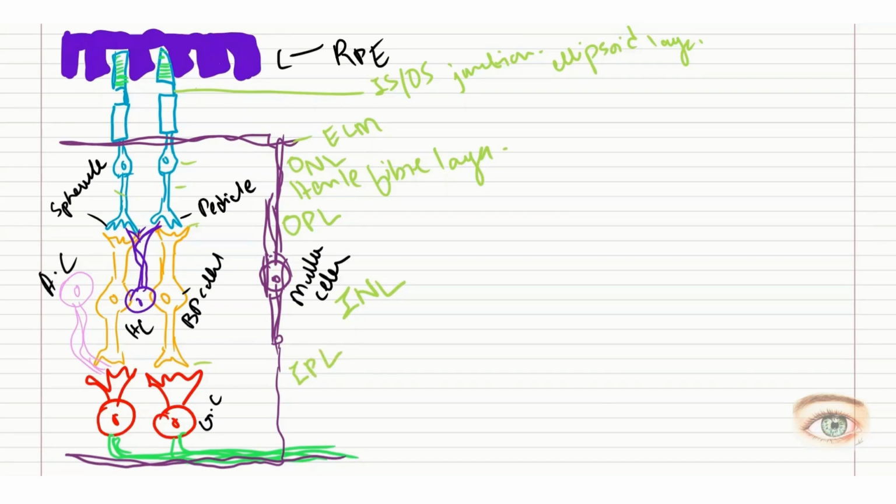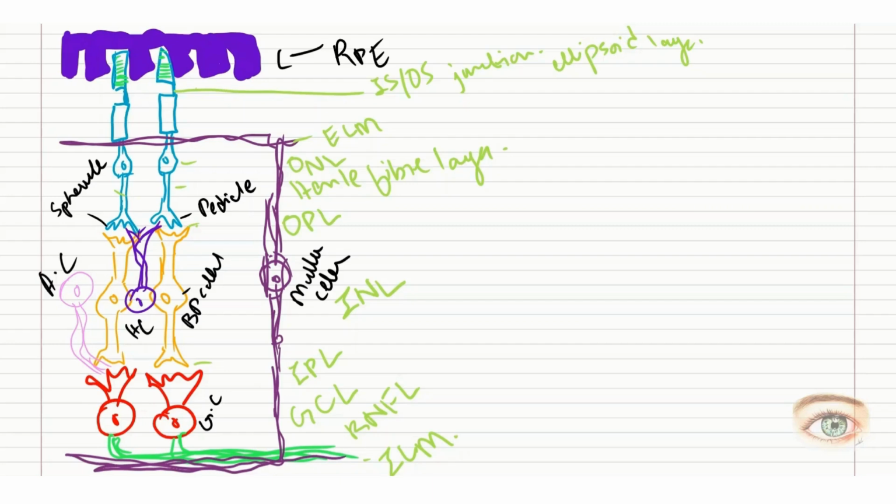As the name suggests, this is the ganglion cell layer, and these nerve fibers are going to make the RNFL, the retinal nerve fiber layer. And this layer is going to make the internal limiting membrane.